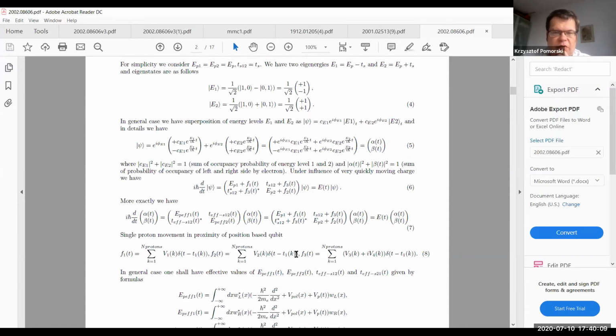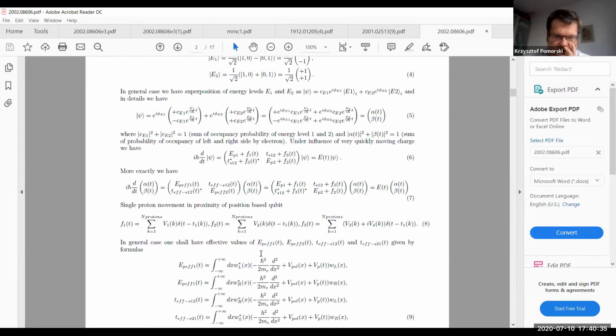So we can introduce kicks to the system by some Dirac delta function, and this Dirac delta function can be parameterized by noise. This noise can happen in polarizing gates or by the presence of an external flow of charge in close proximity to the qubit under our consideration.